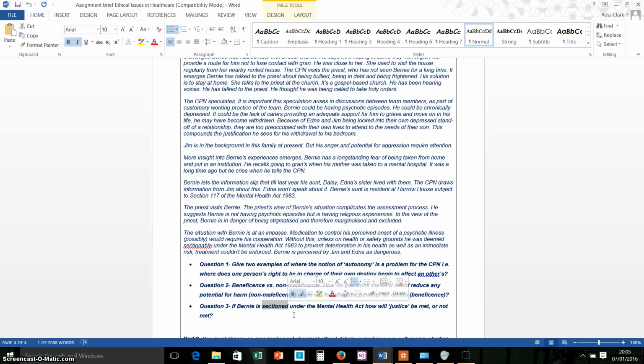So what you're weighing up there is, if you are going to take away someone's liberty, which I think essentially being sectioned under the Mental Health Act is, is that justified? Because Bernie, as you shall see when you read it, has committed no crime. So is it justice that he's effectively locked up and detained? And you've got to explore that.